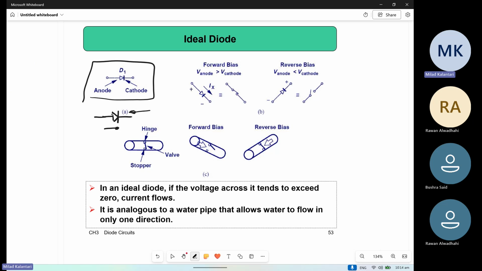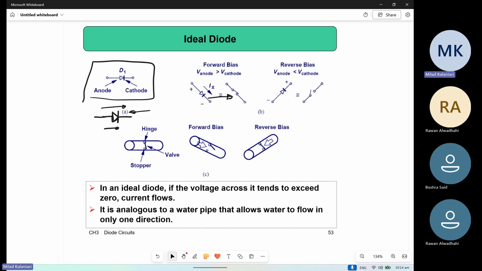So from the symbol, you can tell which direction the diode allows. One simplified model of the diode once it is turned on, in forward bias, is to assume that the diode is a switch and the switch is just short. This is the first ideal model.